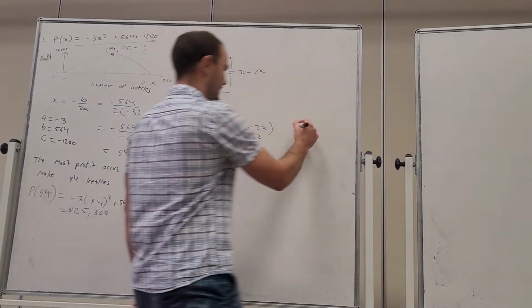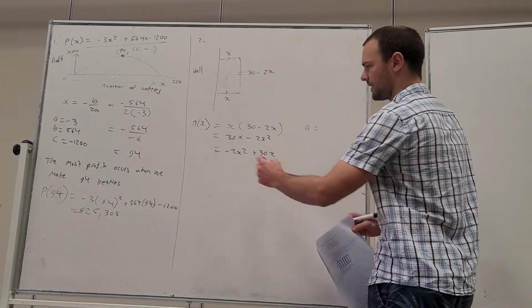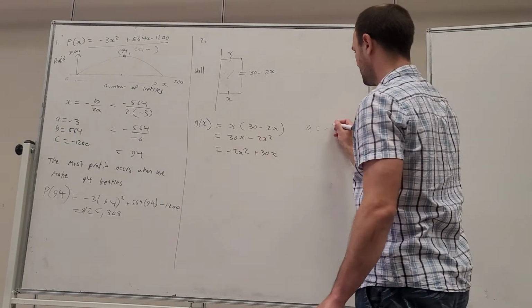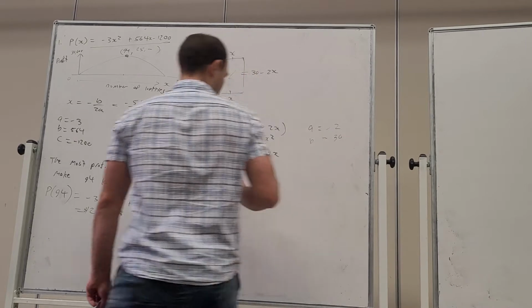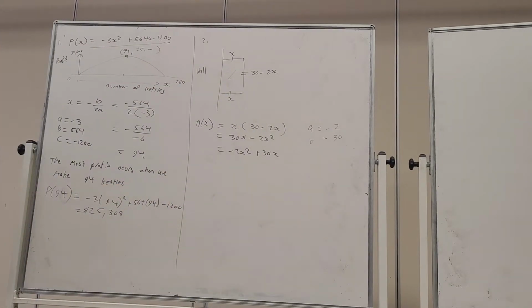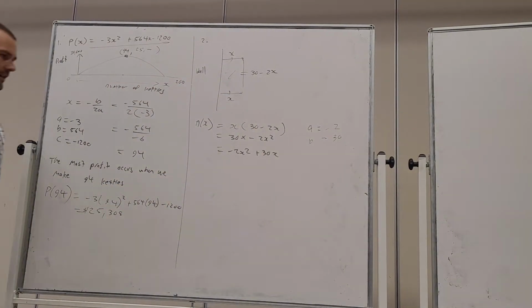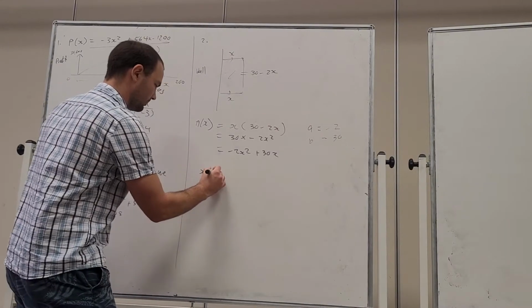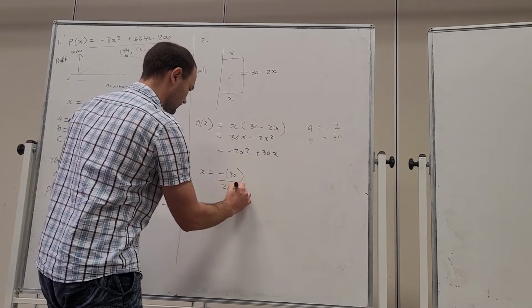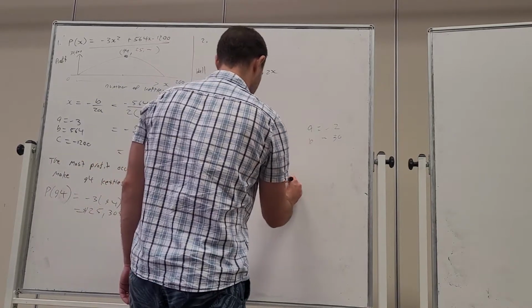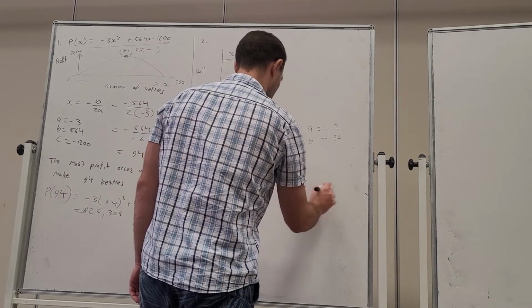So our value of a in this circumstance, that's the coefficient of x squared, is minus 2. Our value of b is 30. c is 0. c is not involved in this formula. We don't need c. So let's put it in the formula. We've got minus 30 on 4.